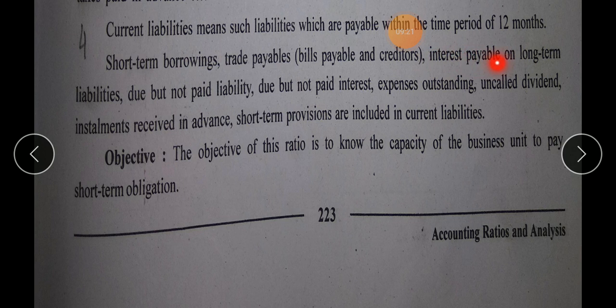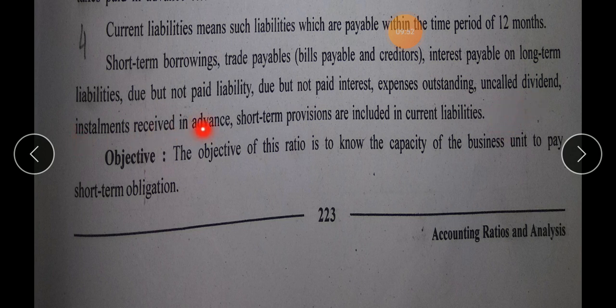Interest payable on long-term liabilities. Due but not paid liability. That means the amount is to be paid but it is not paid by the business yet. Due but not paid interest. Expense outstanding. That means salary if you are supposed to pay and you have not paid. Uncalled dividend.